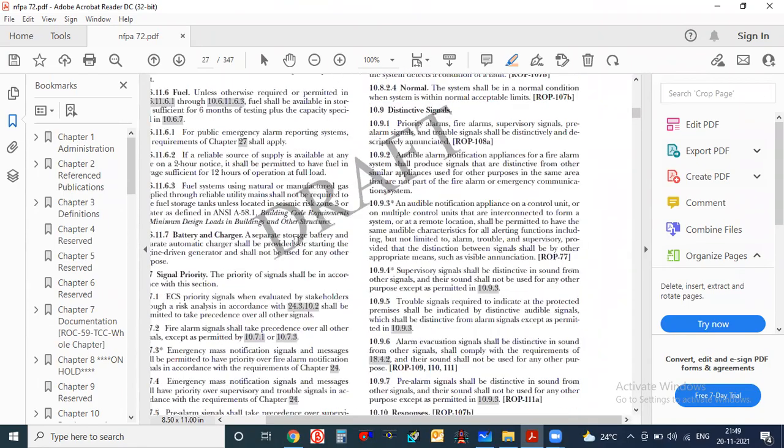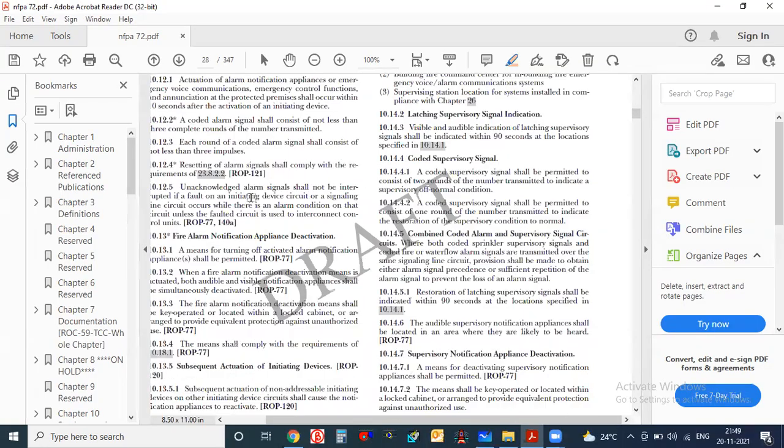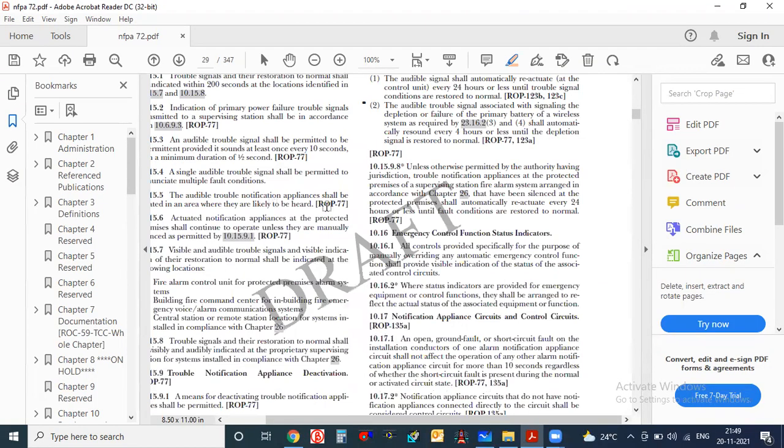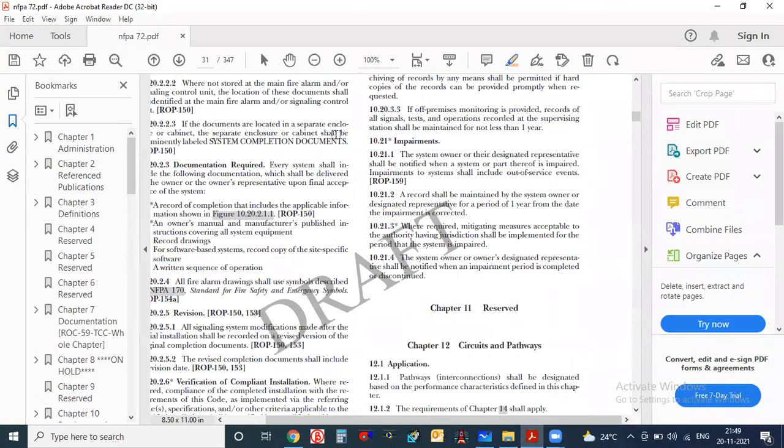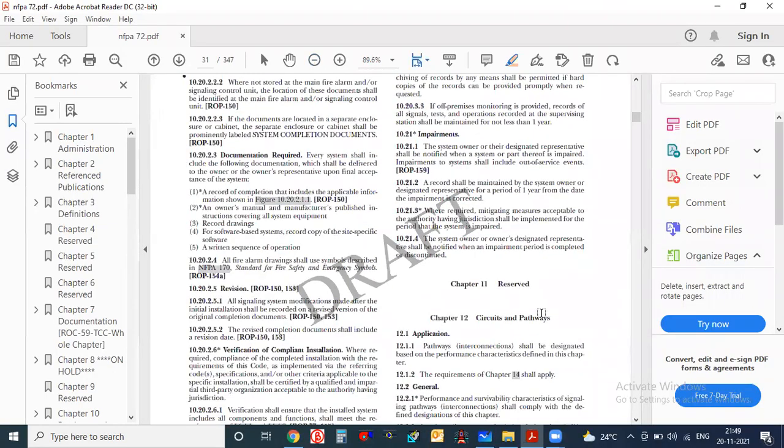So just go down. So many things are given here. Testing, supervisory, documentation. We will just skip this. Circuits and pathways: maybe in this chapter they are talking about the circuits, the looping systems made in a fire alarm system.